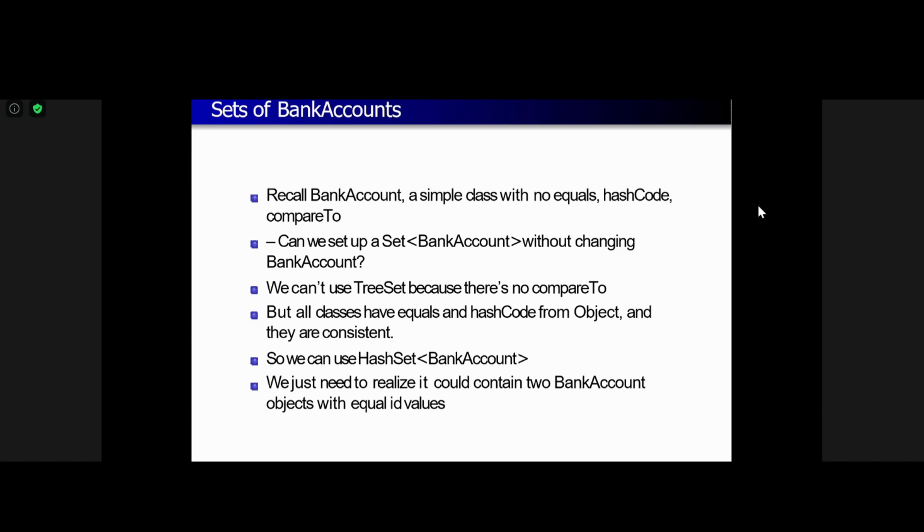Okay, that's clear. But we do have equals and hashCode for the BankAccount objects because they're objects. So that means we can use HashSet of BankAccount. We have to realize that it means 2 BankAccounts of the same ID would be considered different, and so you wouldn't squeeze out the duplicates.